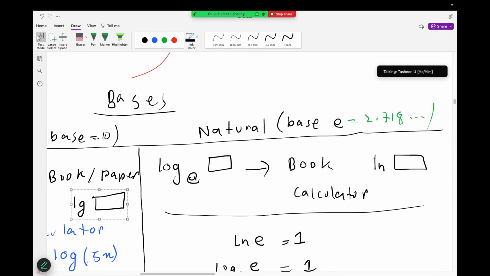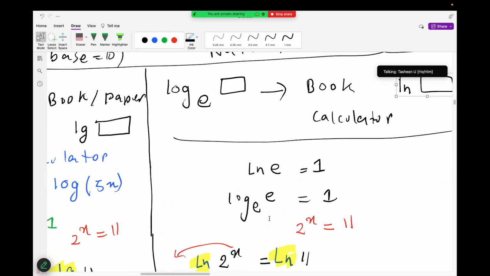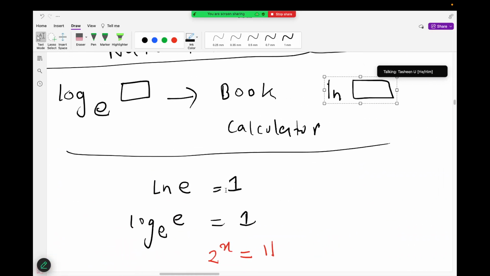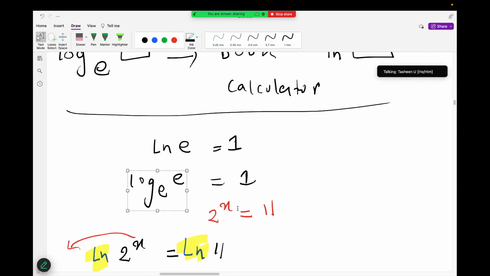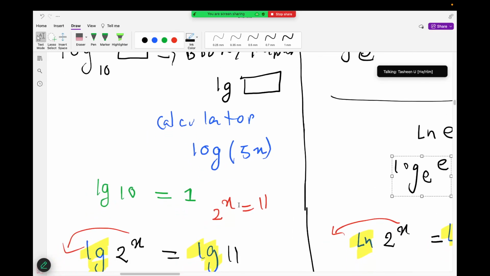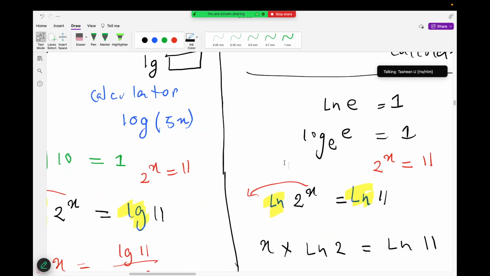Log base e is ln in both book and calculator. So ln e would be 1, because following the rule that the logarithm's base and argument are the same, that gives you 1.